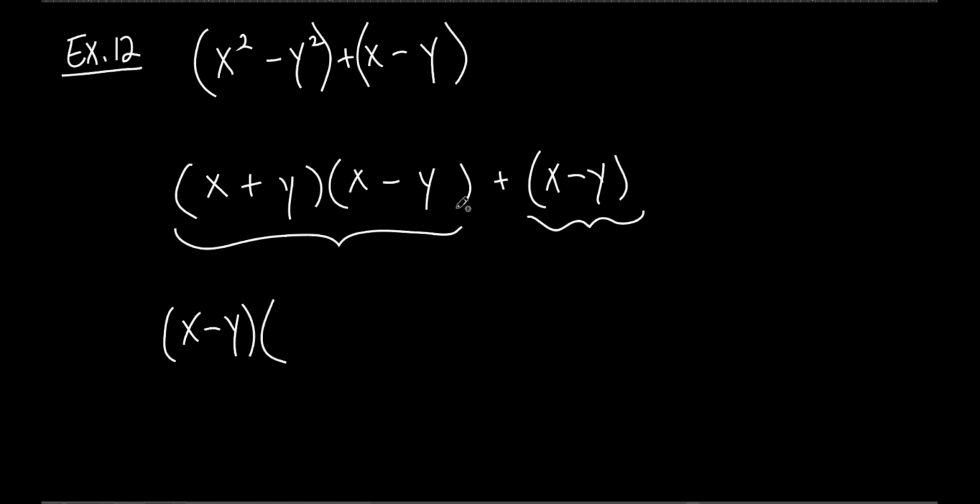If I take this whole term right there and I divide out an x minus y, what am I left with? I'm left with an x plus y. And then, oh, wait a minute, what am I doing? Hang on a second.